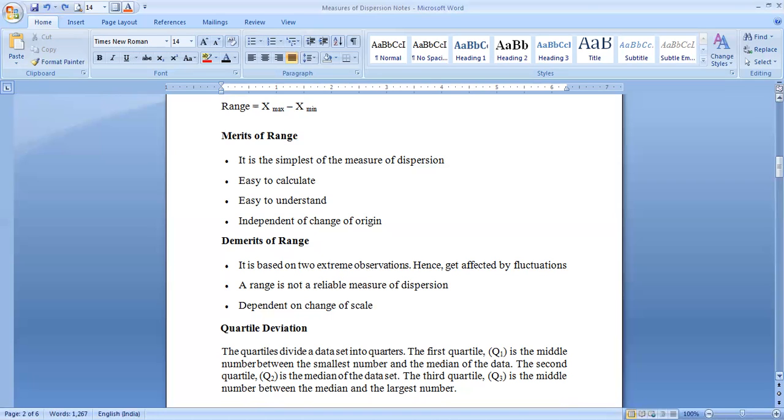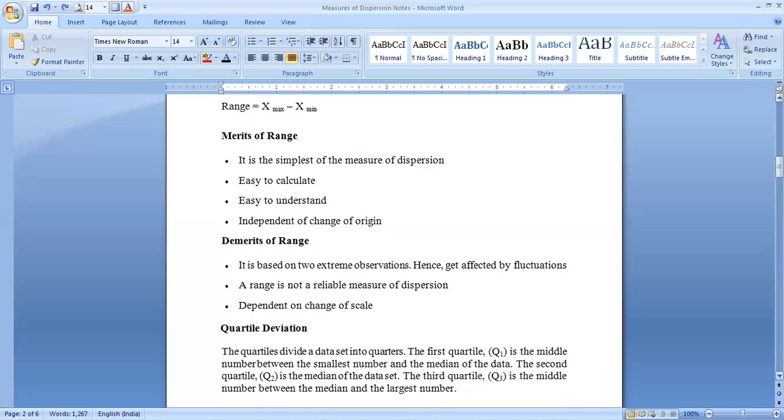The third demerit is that it is dependent on change of scale. So when we change the scale, the range will be affected by this, and it is a negative point, or a drawback, of the range.